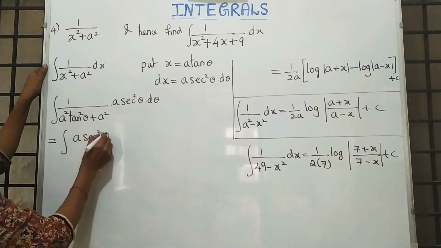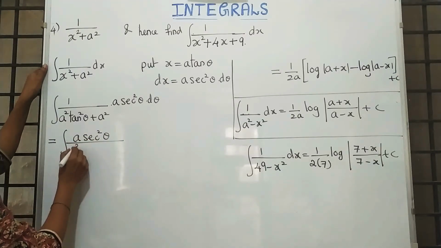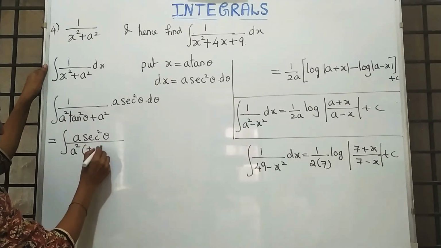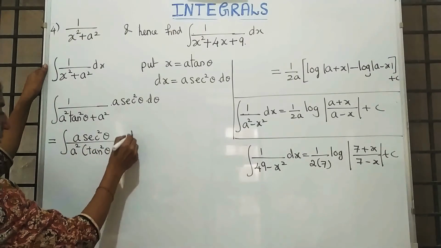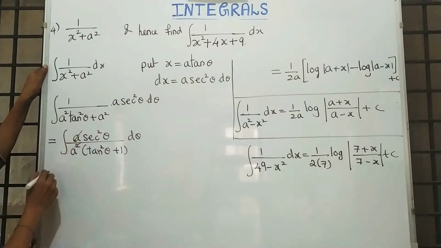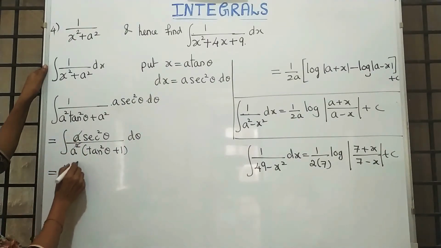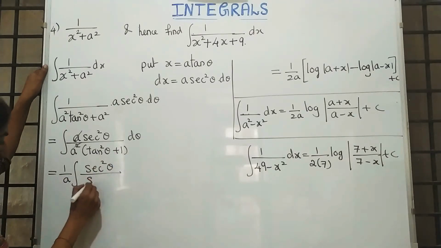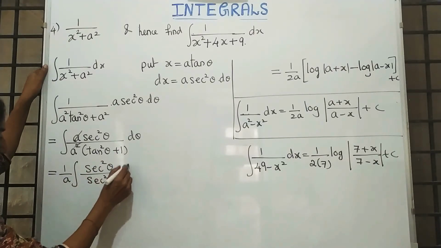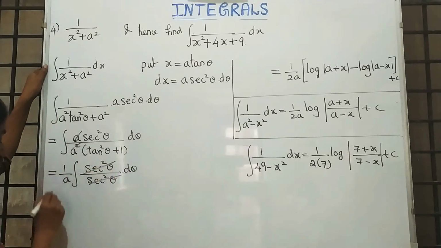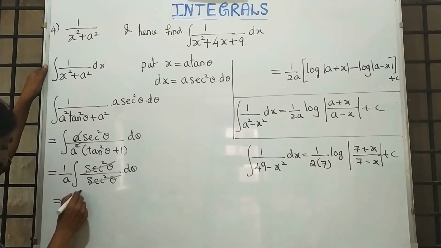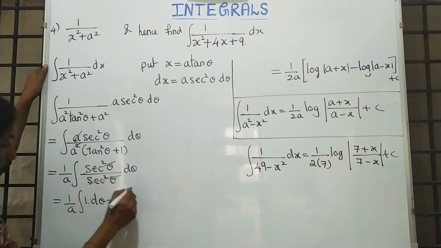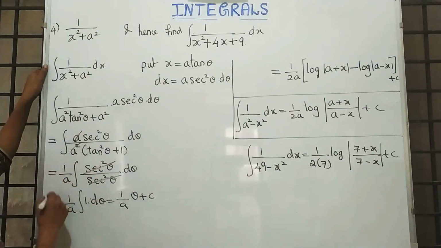A secant square theta upon a square common, tan square theta plus 1 into d theta. 1 a is cancelled with this a. 1 by a secant square theta. Tan square plus 1 is secant square theta. Secant square and secant square get cancelled. So 1 by a, 1 into d theta. It is 1 by a. Integration of 1 is theta plus c.